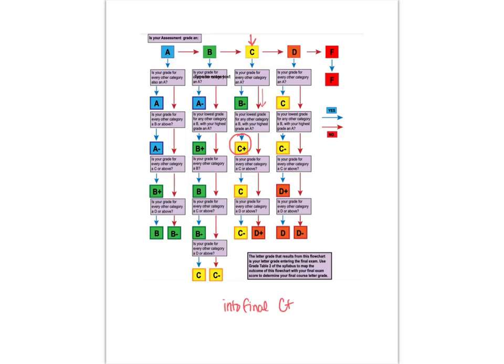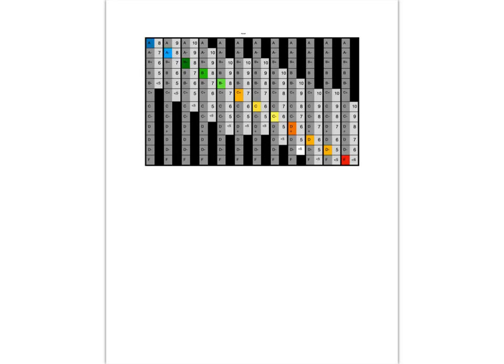Now let's take a look at the final grade table, which allows us to take her grade going into the final and her results of her final to figure out where she might end up. So she's at the C plus, so we start right here. And we can see that if she gets 7 out of 10 correct on her final, she'll stay at the C plus, but she can actually pull her grade up to a B plus.